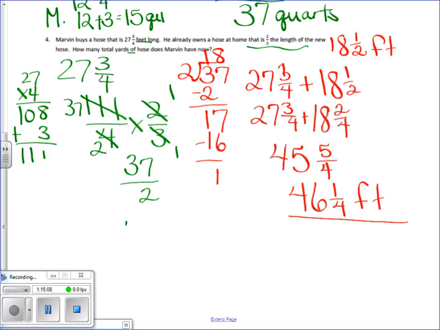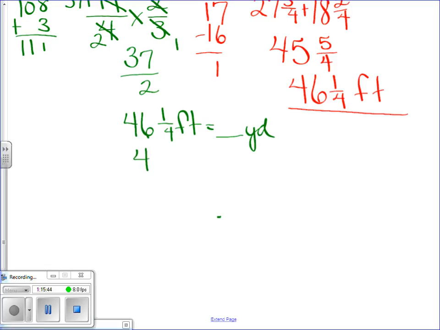So I've got to take 46 and 1/4 feet and convert it into yards. Am I going big to small or small to big? Small to big. You're not doing anything but picking at your fingers. I'm going from small to big. Small to big, divide, which means my unit is going to be written as a fraction.